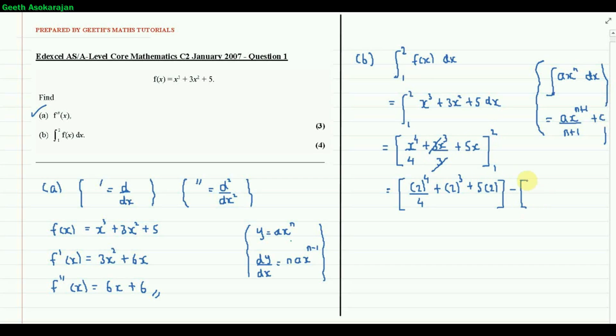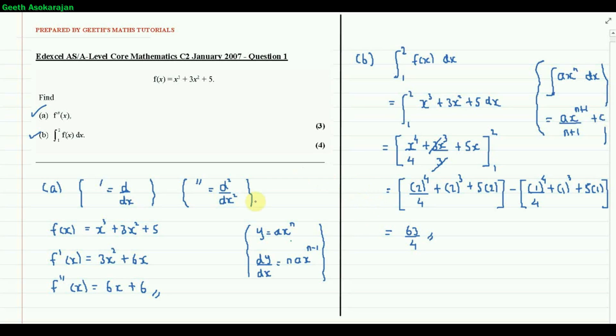When I replace the lower limit being 1, we're going to have 1 to the power 4 divided by 4 plus x replaced by 1, so 1 cubed, plus 5 into x replaced by 1. Now this is where the calculator kicks in, so you can use your calculator and you should have an answer. I'm going to keep it as an improper fraction, which is 63 over 4. So that should be the solution to part B.